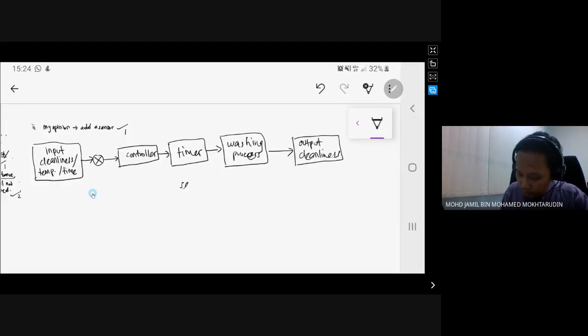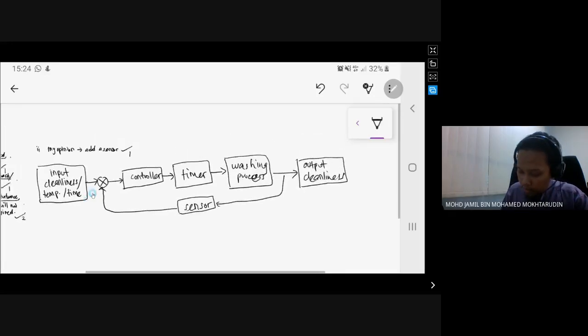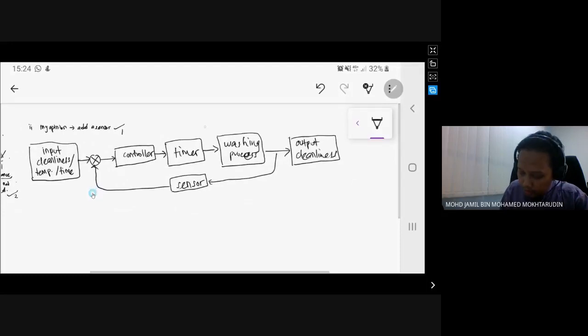Then put the sensor and feedback. And because an open loop system is susceptible to disturbance, you put the disturbance here.